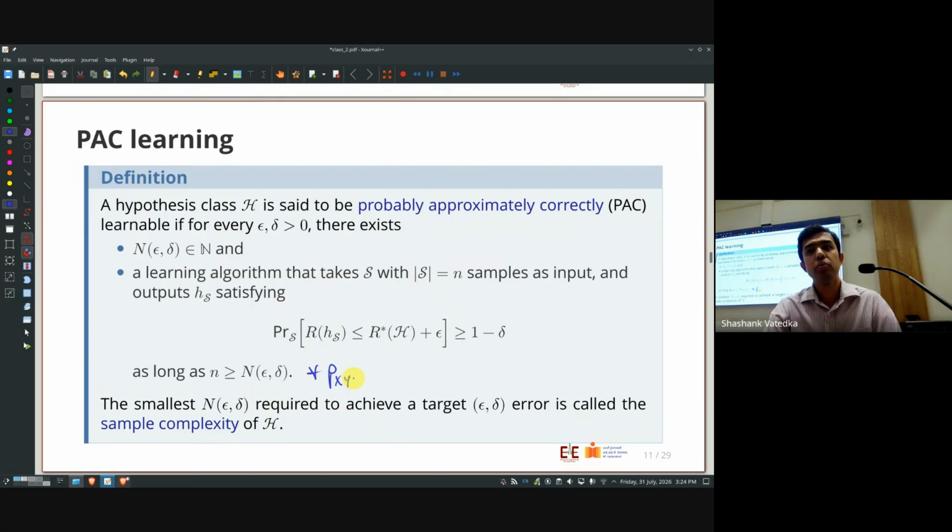So irrespective of what the ground truth distribution is, I want to ensure that I can do close to the best in the class with high probability.